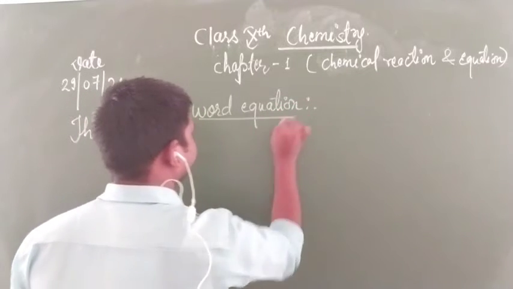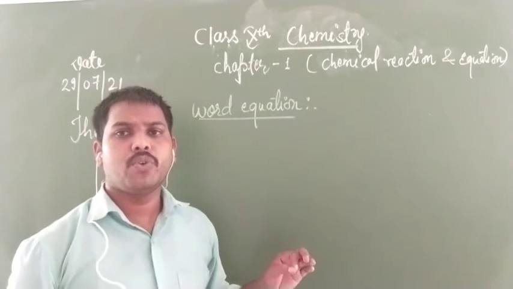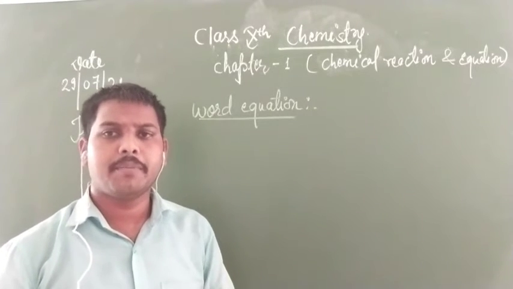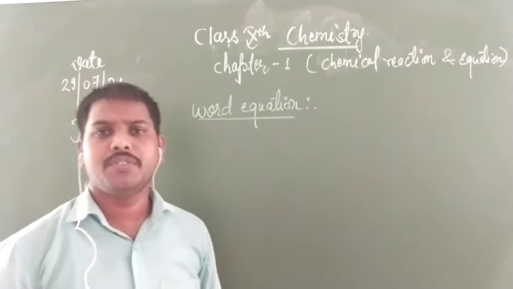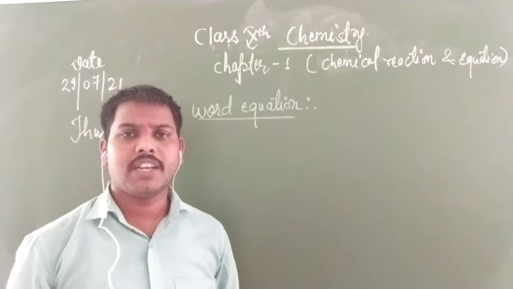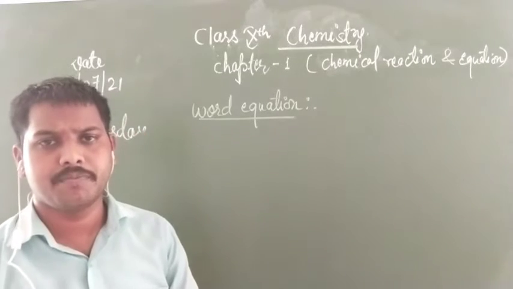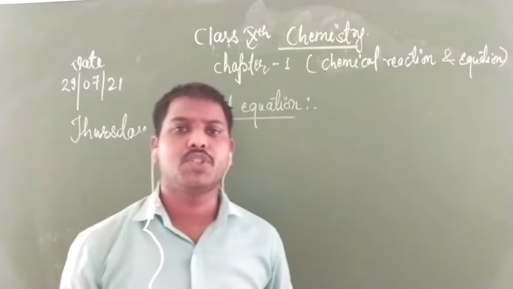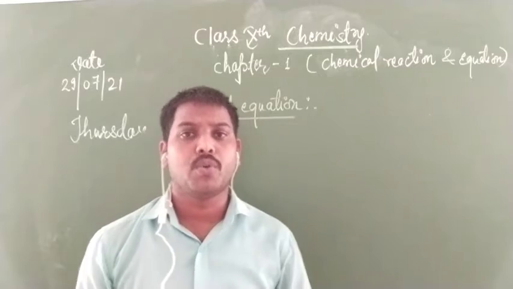Word equation. Word, you all know, is a grouping of letters which have a sense. So the equation which is expressed in words rather than symbols and formulae, means in the equation you will get only words, no symbol and no formula.